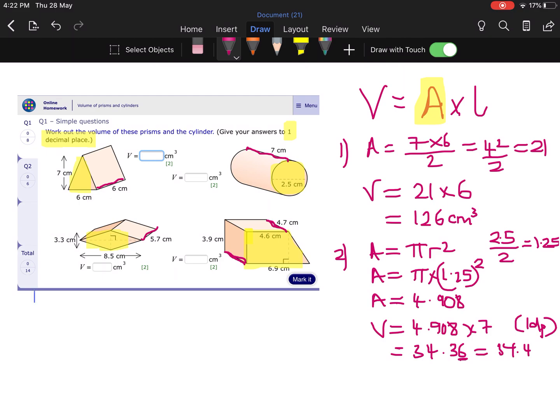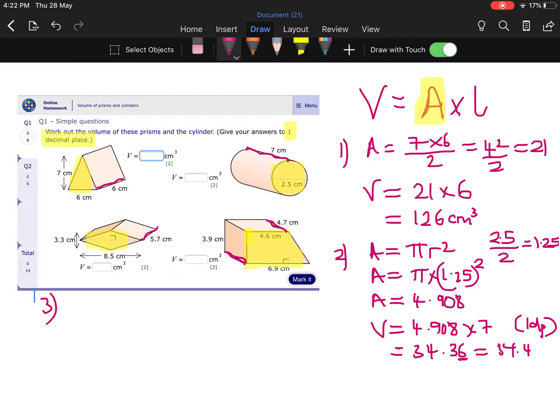On to number 3. This one is a parallelogram, or we could say it's a kite. I think we're meant to say that it's a kite.